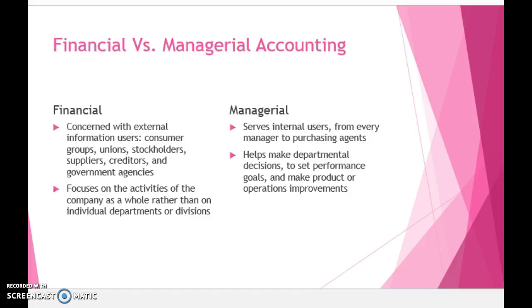It focuses on the activities of the company as a whole rather than the individual departments or divisions. Managerial accounting serves internal users, such as managers at every level, engineers, purchasing agents, and salespeople. This type of accounting helps these employees make strategic decisions and improve business operations.